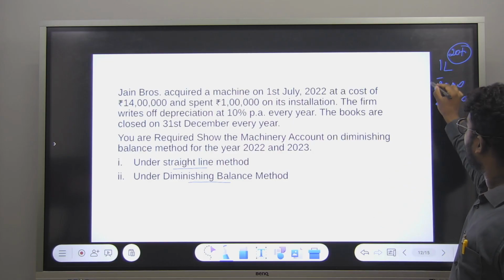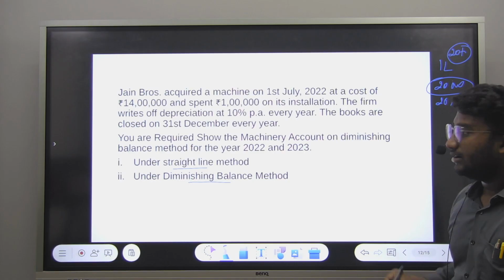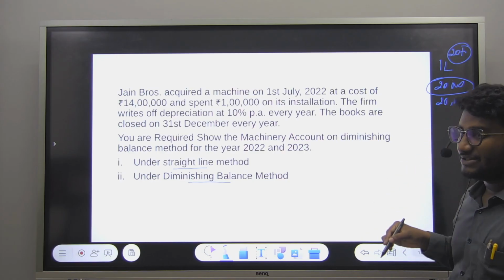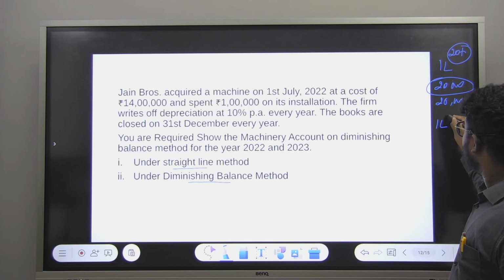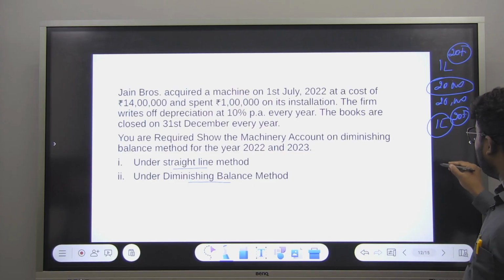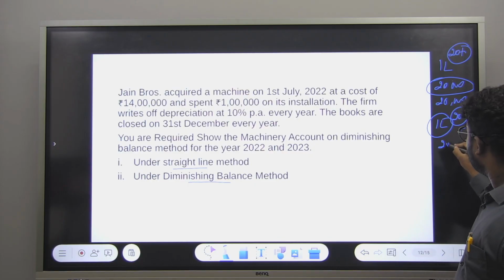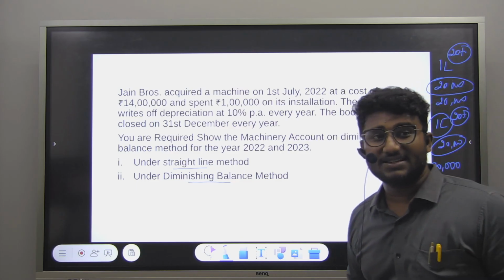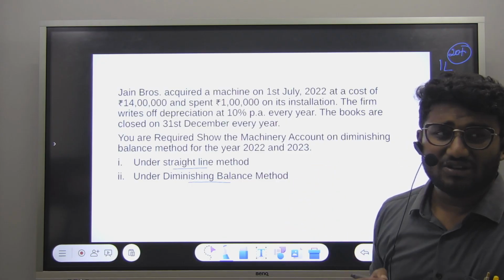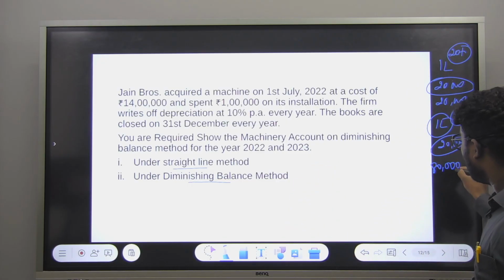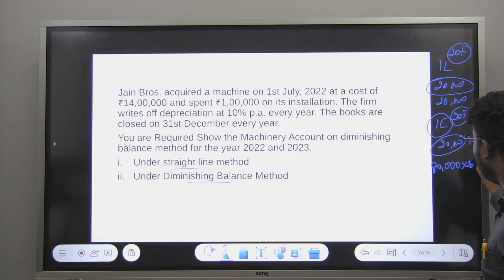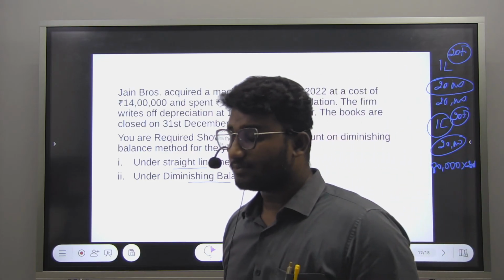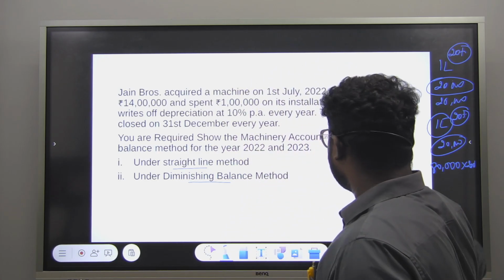So the depreciation amount will be same in every year. When it comes to diminishing balance method, first year we will charge 20% on 1 lakh rupees. That comes to 20,000 depreciation amount. But in second year, the value of asset is 80,000 only. After charging the depreciation, the actual value of asset is 80,000 only. So in the second year, we will charge this 20% on 80,000 rupees. So that's how it goes.